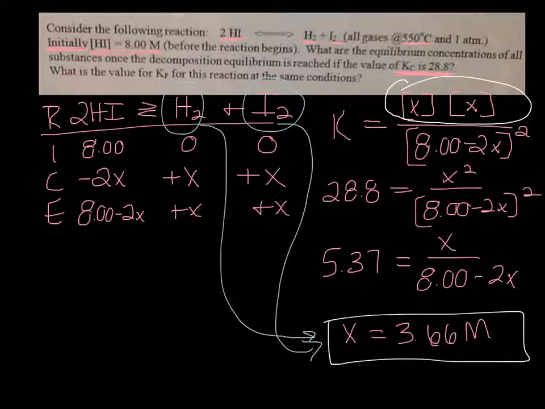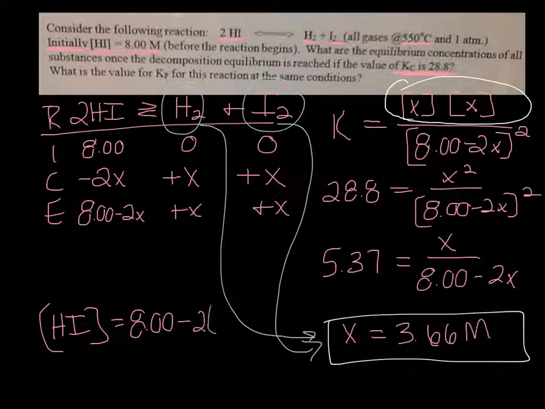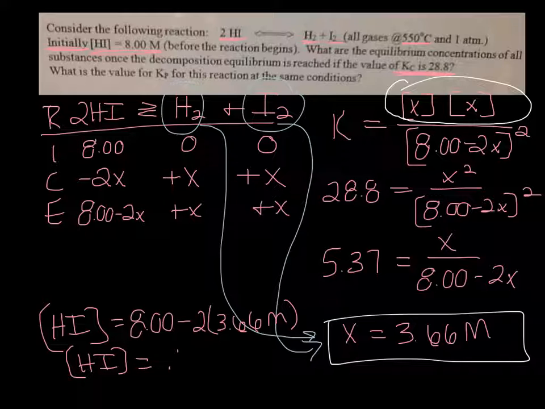What is my equilibrium concentration of hydrogen iodide? Hydrogen iodide started out at 8, so the new concentration of hydrogen iodide is 8.00 minus 2 times x, which is 3.66 molar. So my hydrogen iodide concentration is now 0.681 molar. So it has now been reduced.